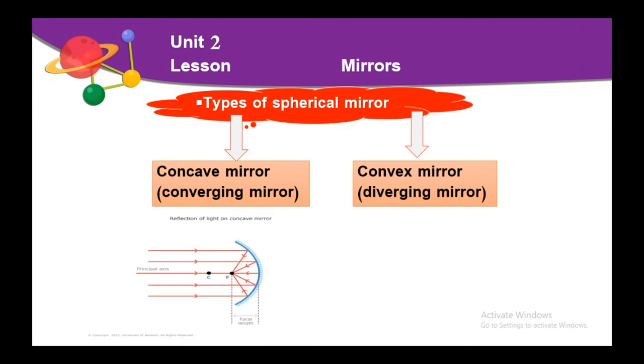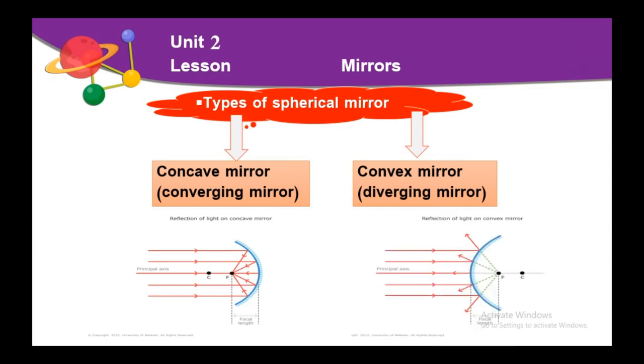Concave mirror is the mirror that collects light rays after falling on it. Convex mirror diverges light after falling. So when light falls on a concave mirror, it is reflected and collected in one point, while light rays that fall on a convex mirror diverge, meaning they get away from the reflecting surface.